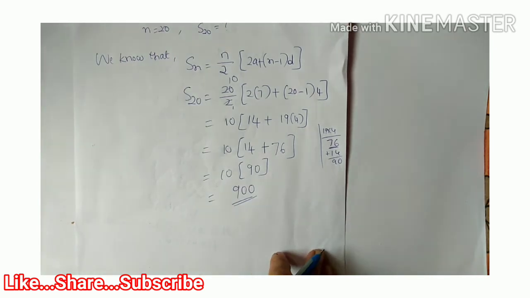Therefore, the sum of the first 20 terms of the given AP is 900.